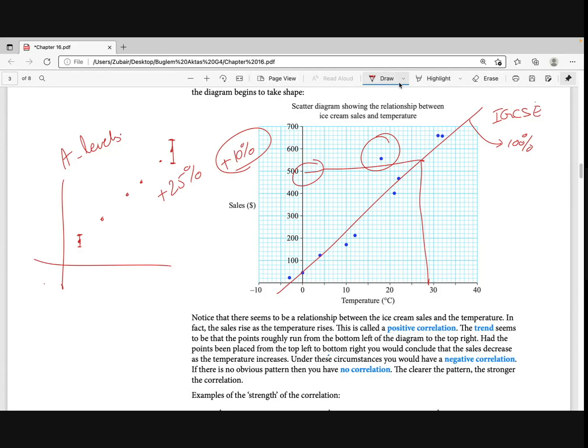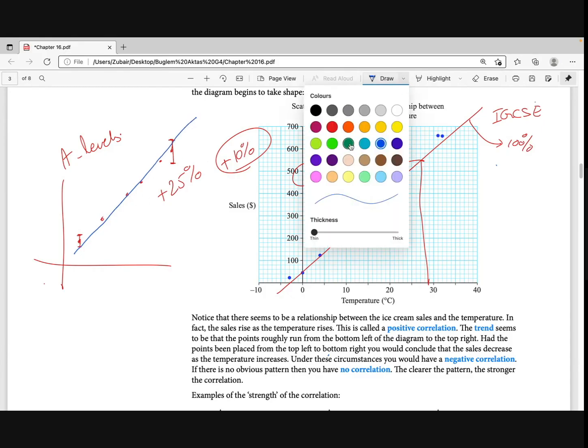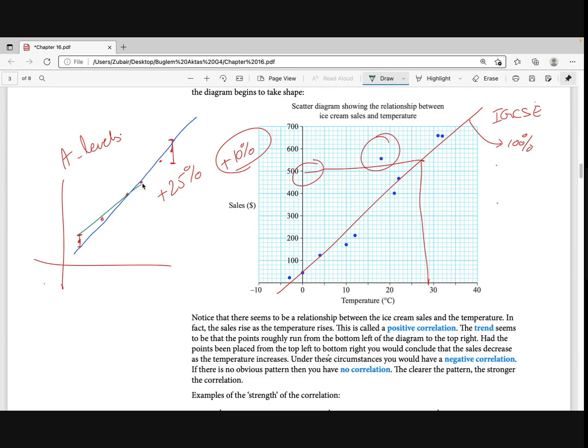I've deliberately made the last one larger. Then we connect the lowest with the highest, and the highest with the lowest. Now you can compare. This is not the best fit line. This is the worst fit, and this is also the worst fit.